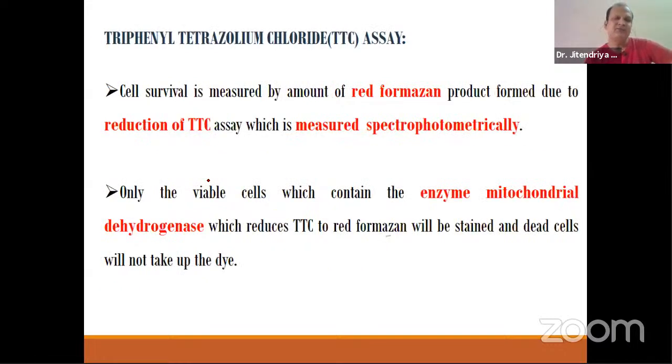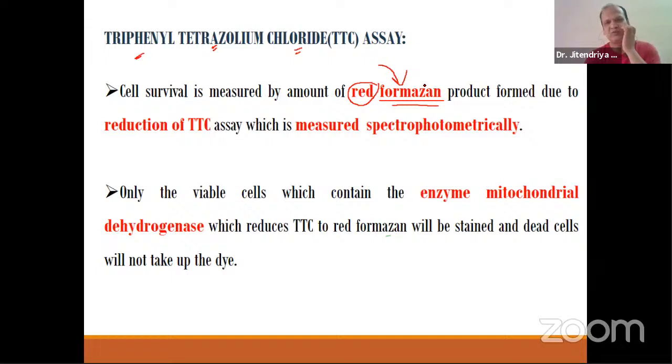So let us first discuss the TTC. What is the full form of TTC? It is triphenyl tetrazolium chloride. You have to remember the name. So generally, if the cells are living in nature, then what would happen? They will make a product which is named formazan. Okay, and the color should be red.